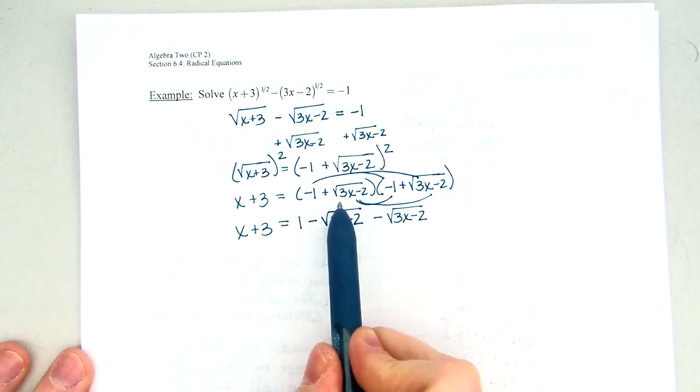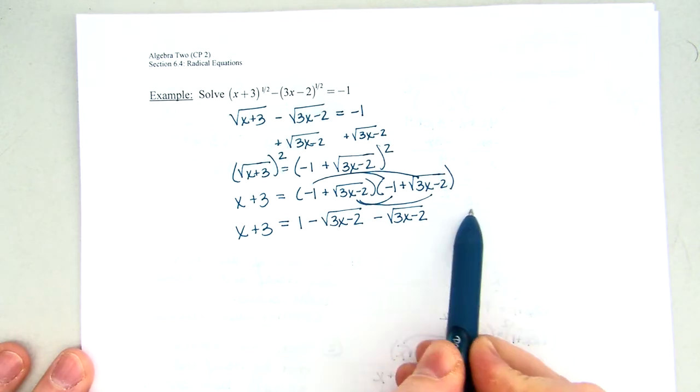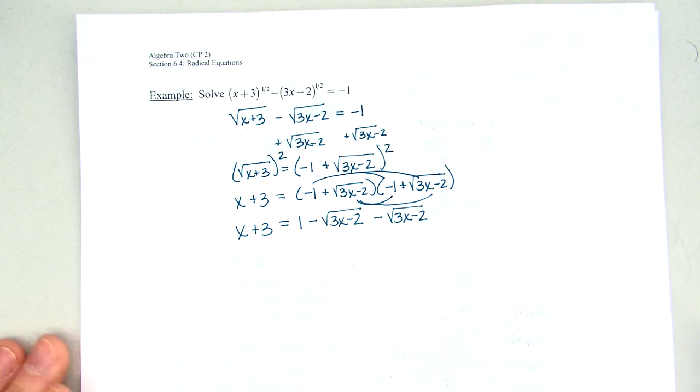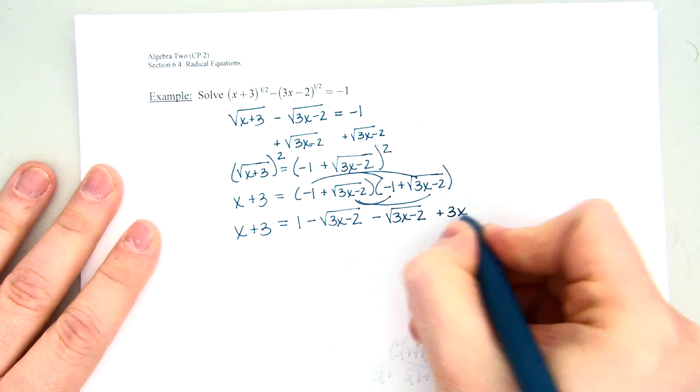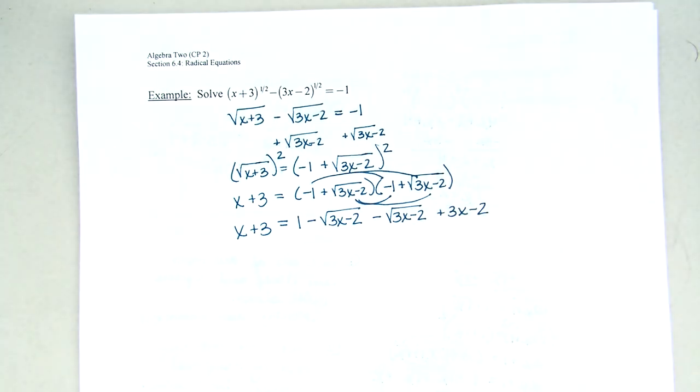I'm multiplying a square root by itself. It's like I'm squaring a square root. So what are we going to get? That's what we're going to get over there: 3x minus 2. Please take like 10 seconds and just combine like terms on that side.